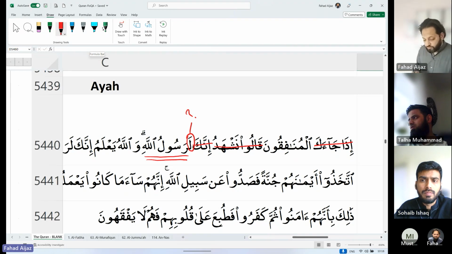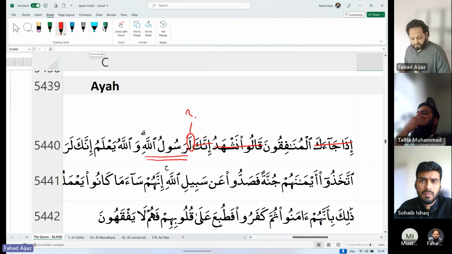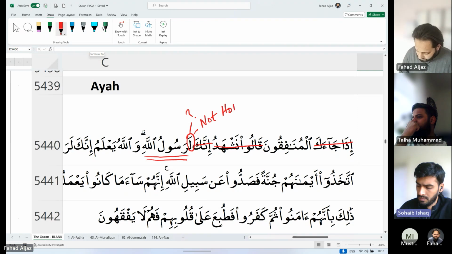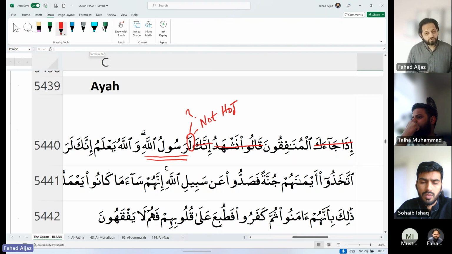Now, we have learned lam as a harf of jar as well, correct? And the question is, if this is a harf of jar lam, why is Rasulu not in jar? The answer is that this is not a harf of jar lam. This is a lam of emphasis. There are many types of lams in Arabic; the one that you have done is the harf of jar lam.